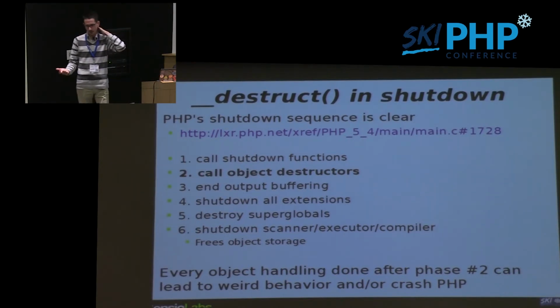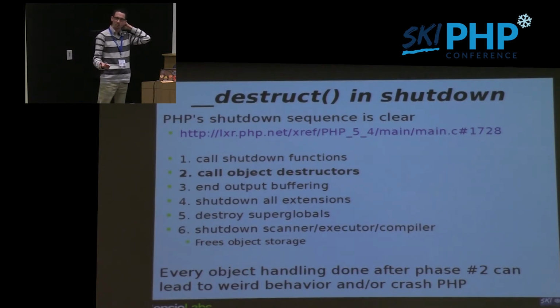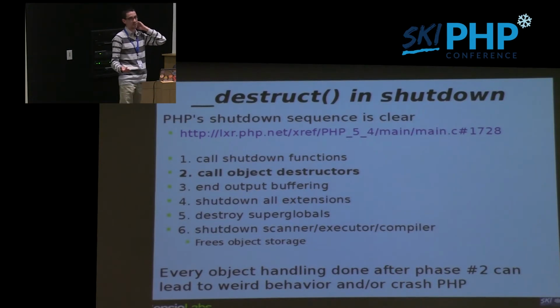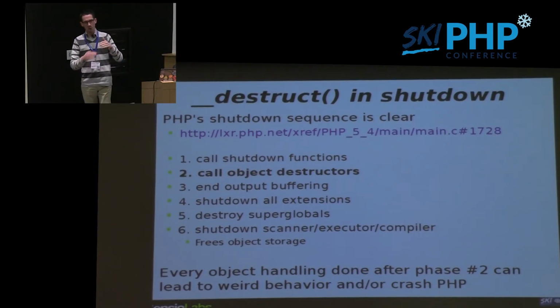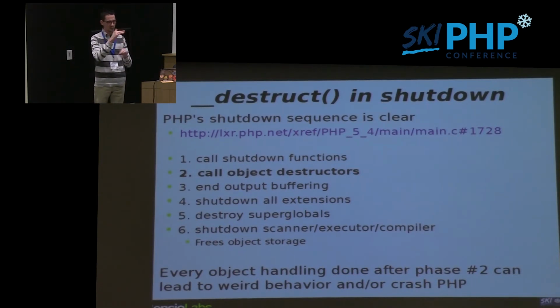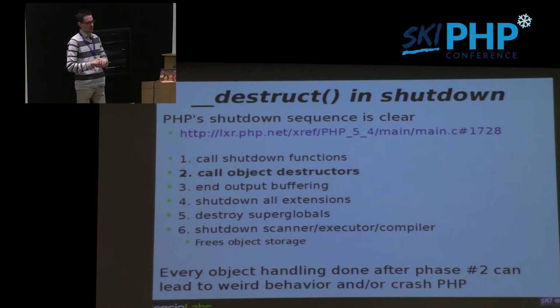Like error handlers using objects, output buffering using objects as callbacks can crash PHP as well. Just don't do this. I cannot say anything else because we changed this shutdown sequence in the past. So people were angry with us because there were strange things from one version to another.